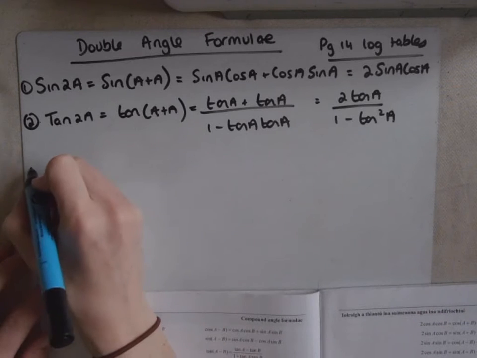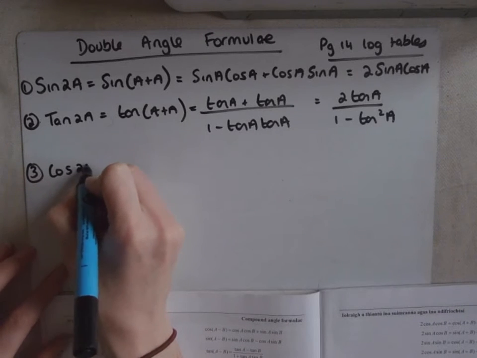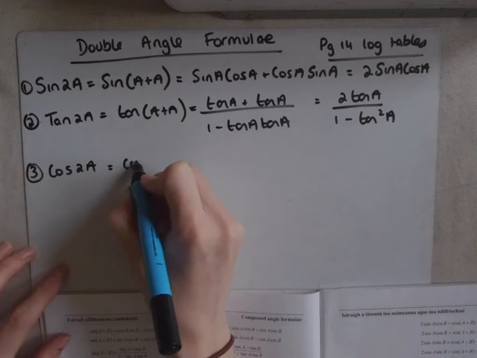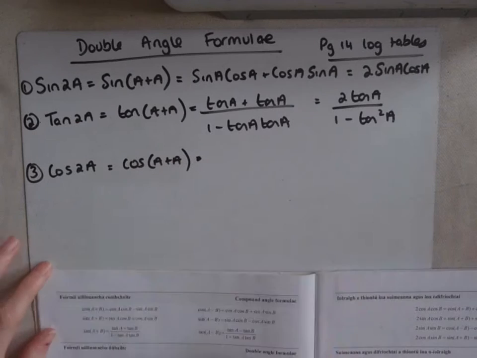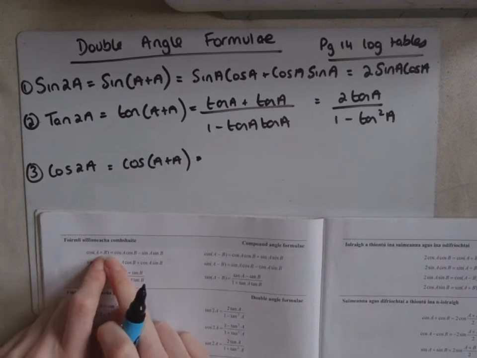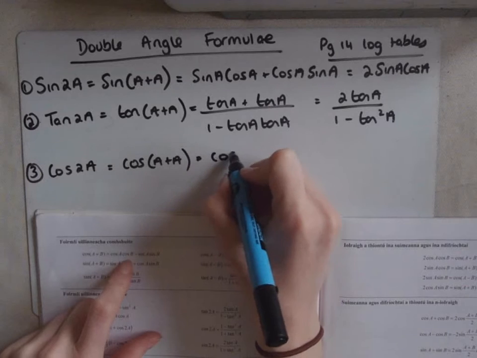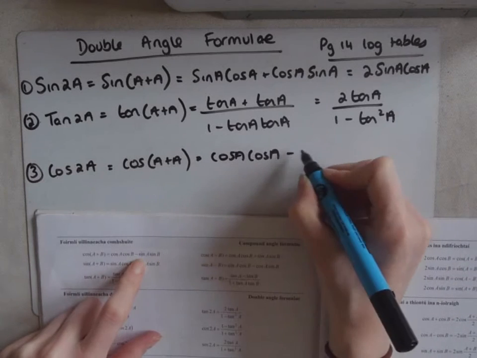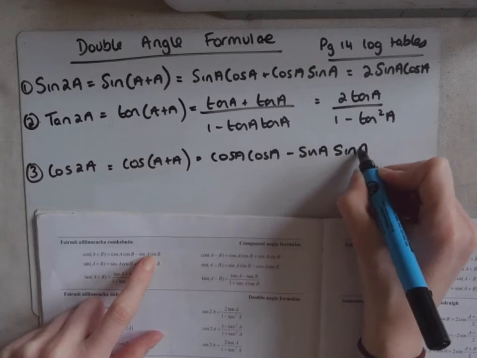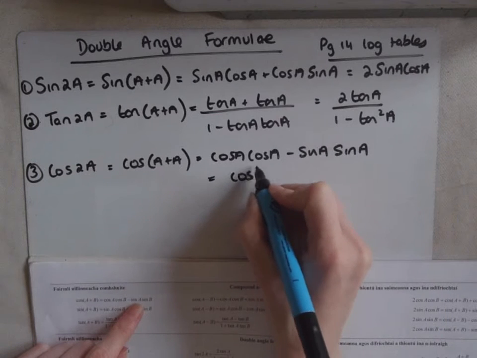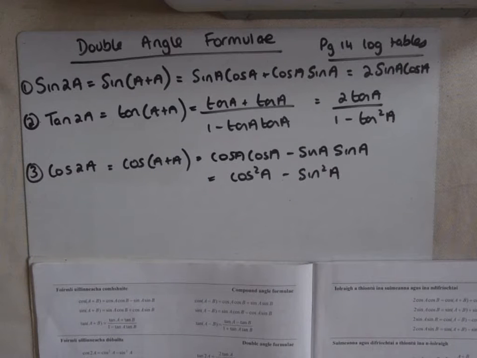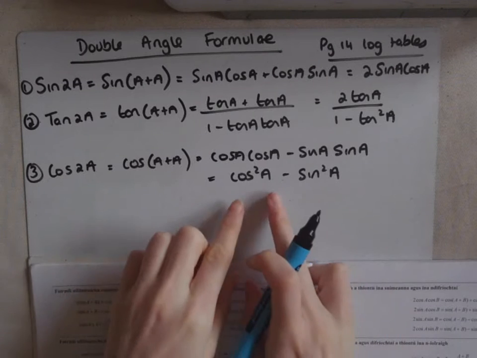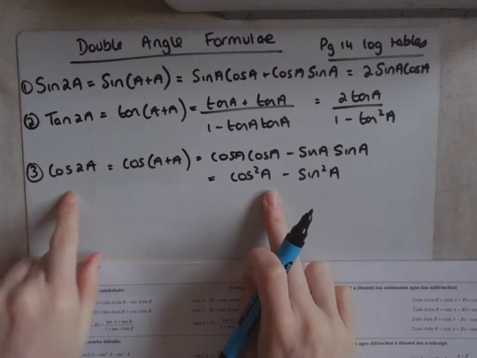And now we're going to do cos of 2A. So that's cos of A plus A. Go to your cos of A plus B formula and replace B with an A. So that's cos A cos A minus sine A sine A, so this is cos squared A minus sine squared A. Now, that one is actually really useful, because if ever you have a cos squared A or a sine squared A in your question, you can now replace it.